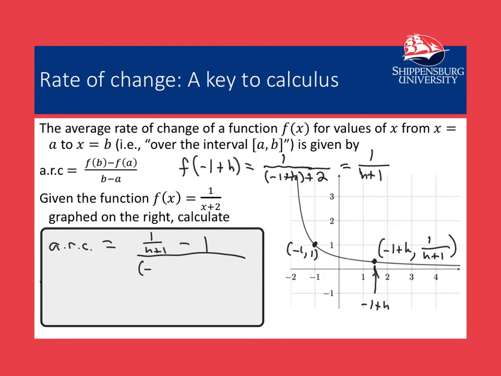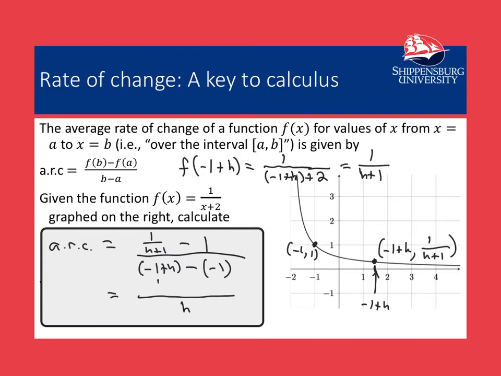So the input value that goes with that first output is -1 plus h. And I subtract -1. So there's some funky stuff going on in the denominator that I need to pay attention to. Subtracting -1 is plus 1, but adding a 1 and having a -1 there kind of clears itself out. So in the denominator, everything cancels out or adds away and becomes just h.